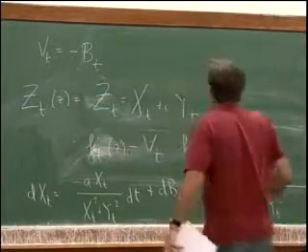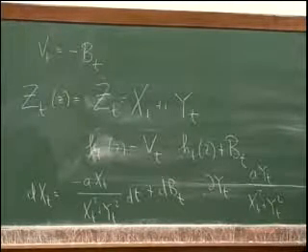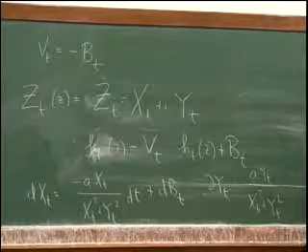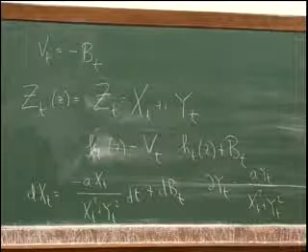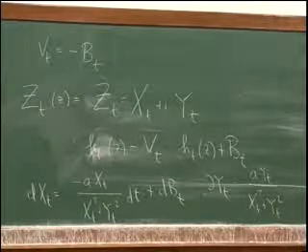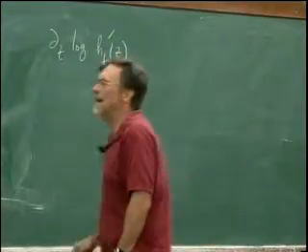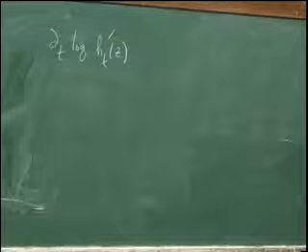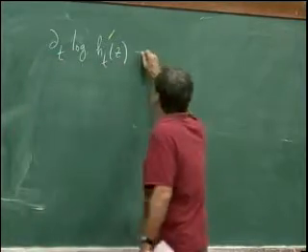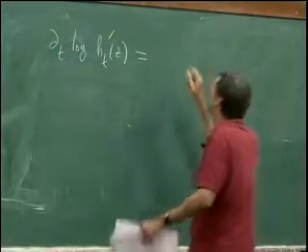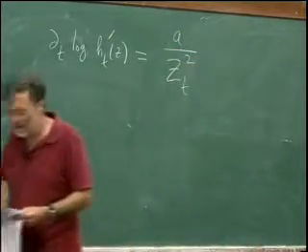So we've got the equation over there. Let me just do a couple others. If I differentiate with respect to z, I get h_t prime of z up top and a square in the denominator, and the h_t prime of z disappears if I take the logarithm there. So this is a over Z_t squared.